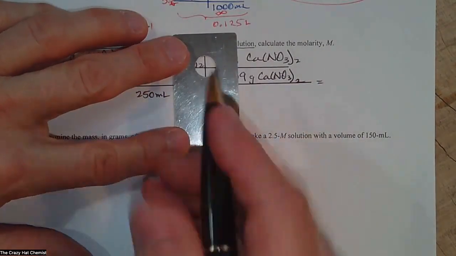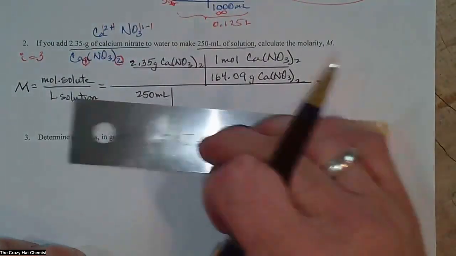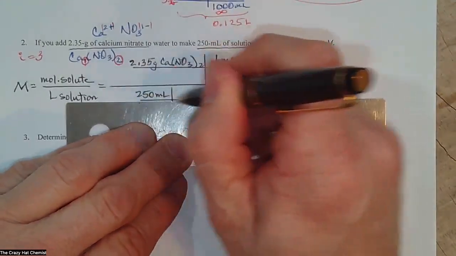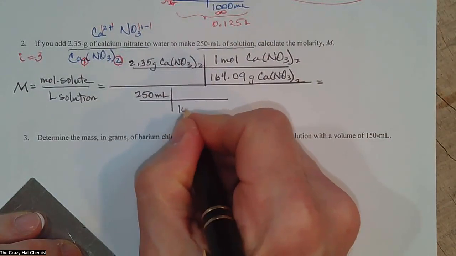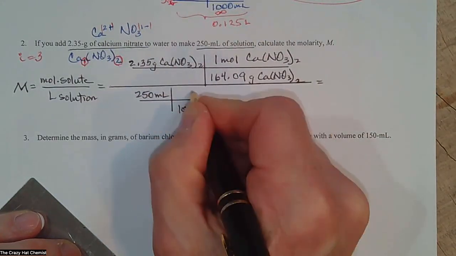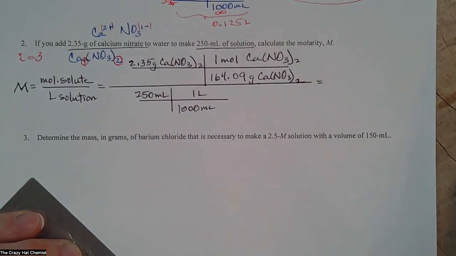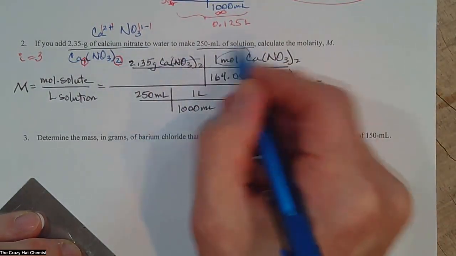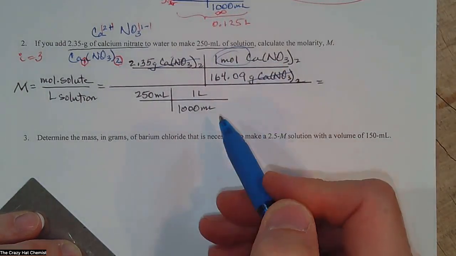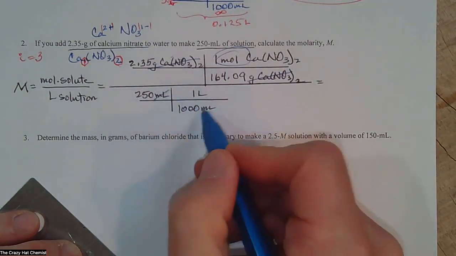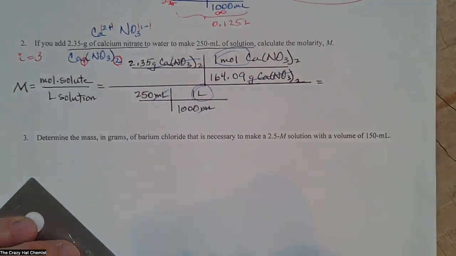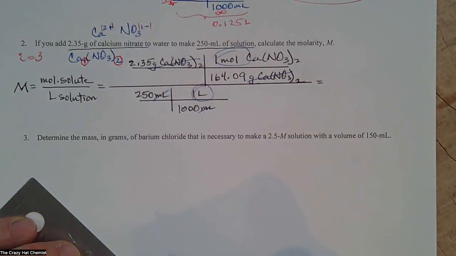And just like I did on the previous problem, I'm going to convert this into liters. So I'm going to do that really quick step right over here. And we're going to have 1,000 milliliters and 1 liter. All right, you should see that our grams of calcium nitrate are going to cancel out. We're going to have moles of calcium nitrate, the solute, in our numerator. The milliliters are going to cancel out in the denominator section, and the units in the denominator are going to be liters.